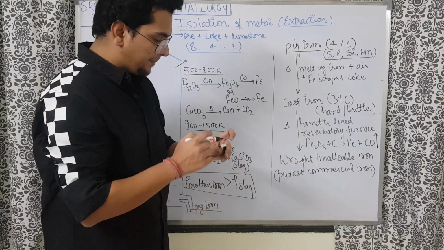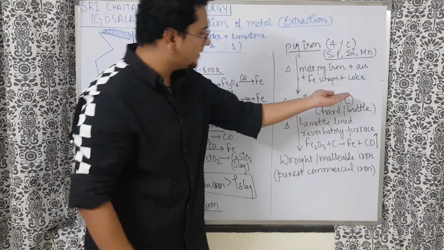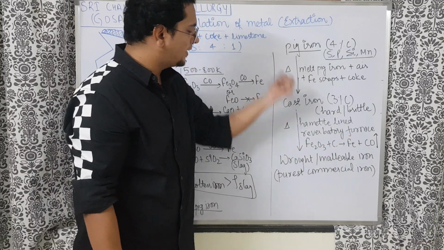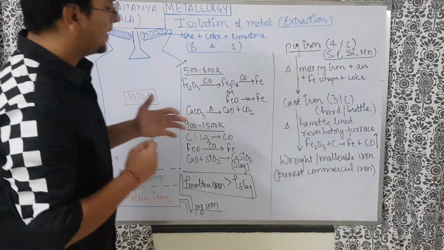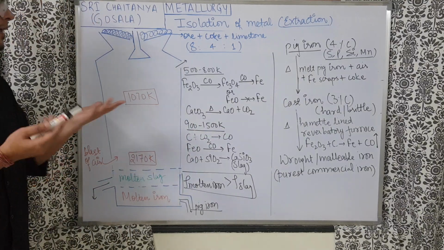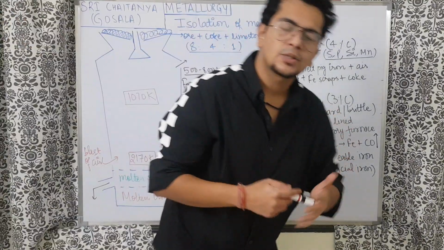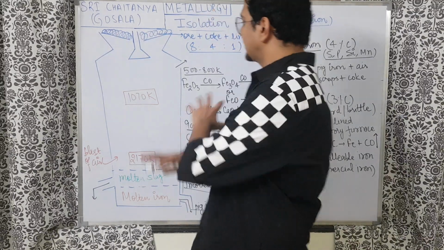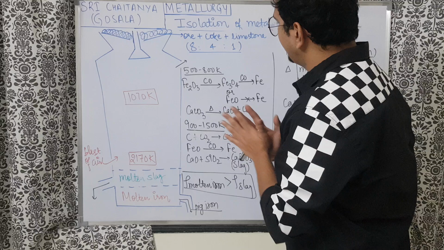So what happened? Iron content increased, carbon content reacted and decreased. So here the purity of iron increases. So wrought iron or malleable iron is the purest form of commercial iron available to us. And this was the question for JEE in 2020 also. Very, very important question. Make sure from this you can expect one question in the NEET examination.